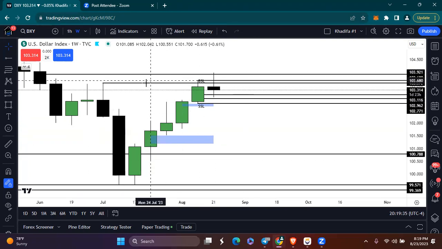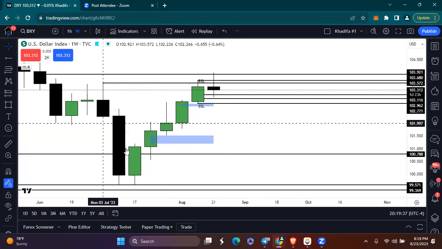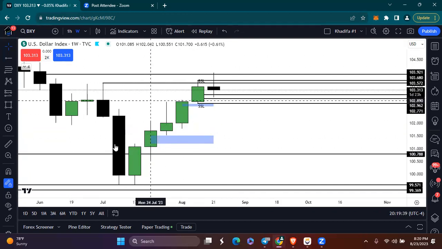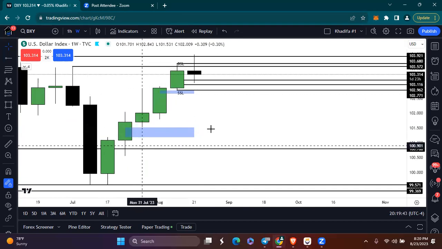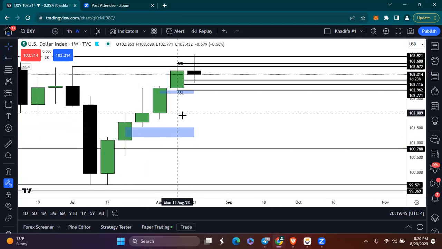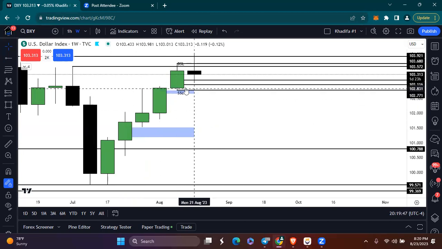So I'm looking at a lot of things when I'm determining that weekly bias, right? Those were the things that I was looking at this week when I determined which way I wanted to see the markets expand when we opened up for the week.